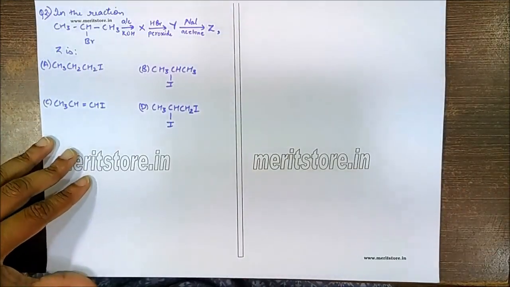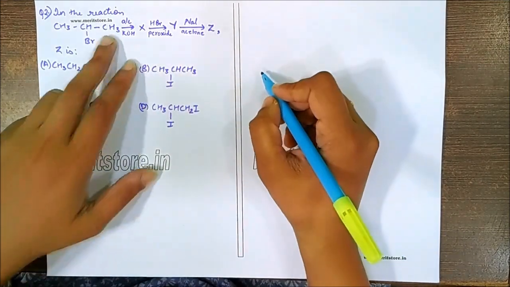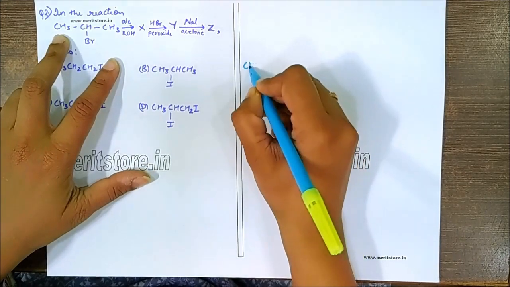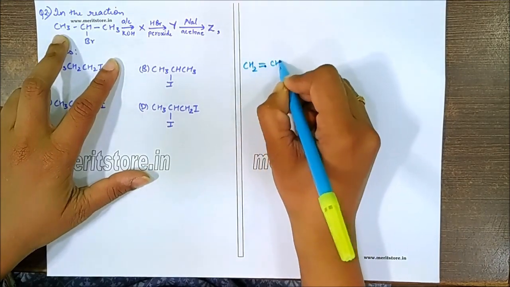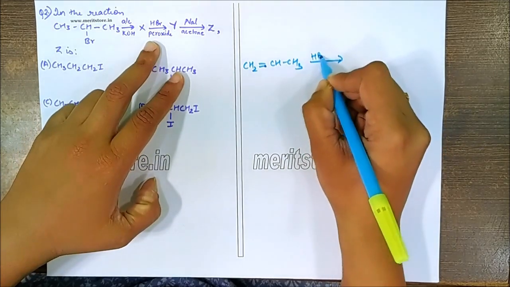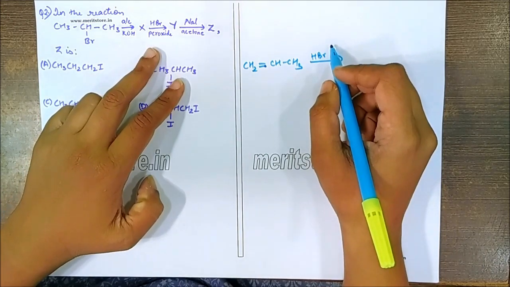In the reaction CH3CHBrCH3, if I treat this with alcoholic KOH, the Br will be lost from here and H will be lost from here. I'll get CH2=CH-CH3. This is on treatment with HBr in presence of peroxide, which takes place according to the anti-Markovnikov rule.